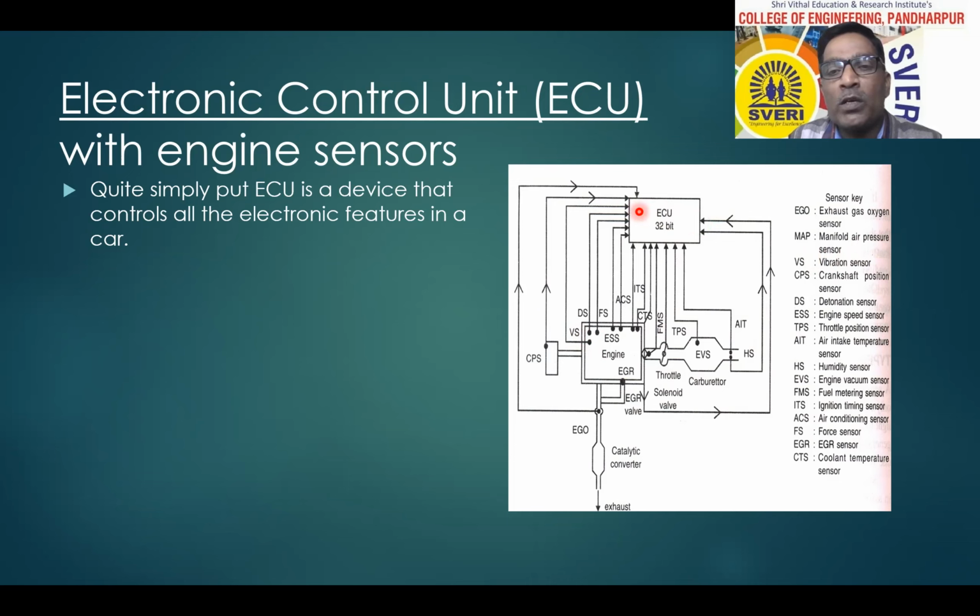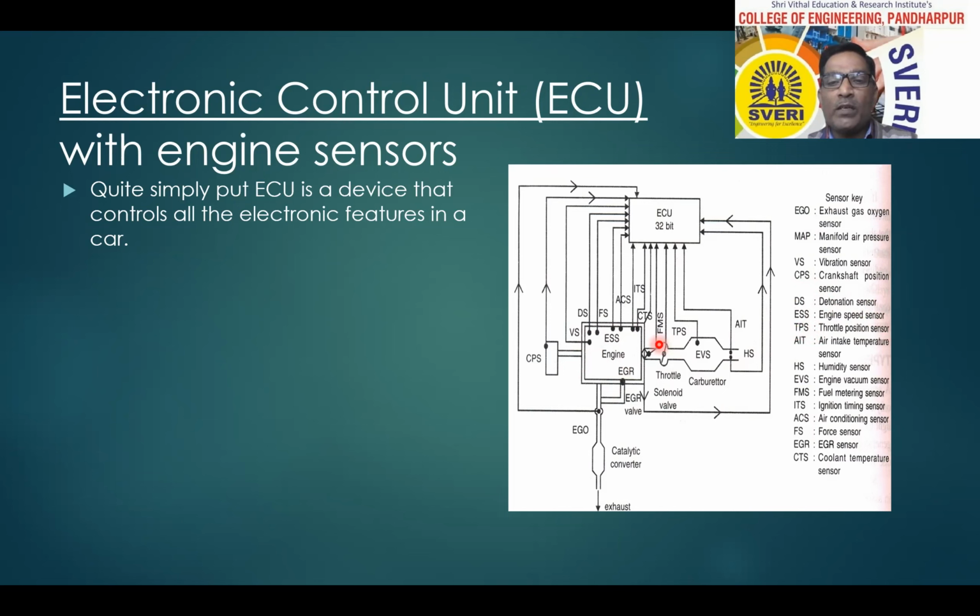So it is one electronic control unit to which all these sensors are connected. Then another sensor, CPS, that is the crankshaft position sensor. Then DS, that is the detonation sensor, related to the engine. Then ESS, the engine speed sensor, and other sensors in this area. Then TPS, the throttle position sensor.